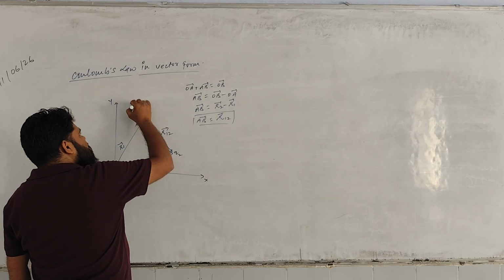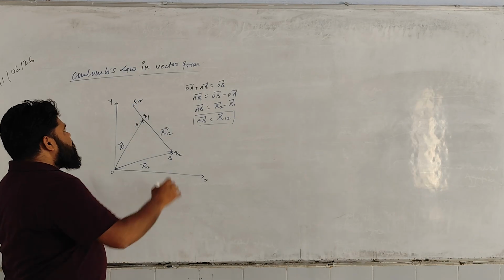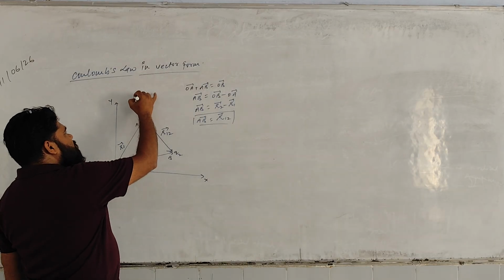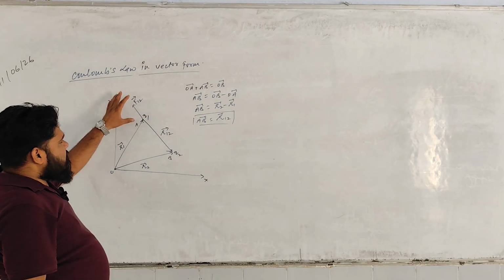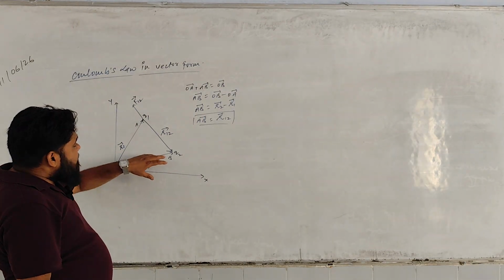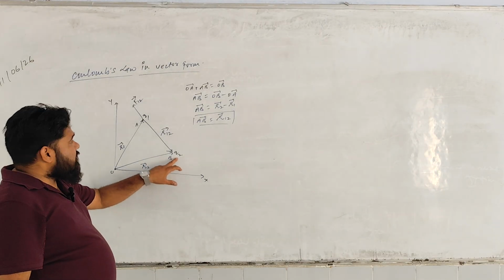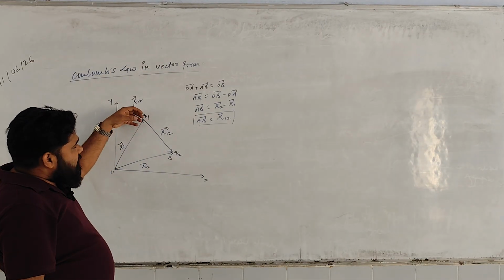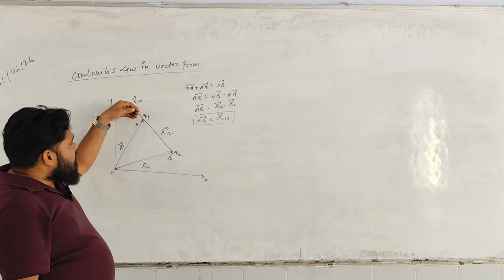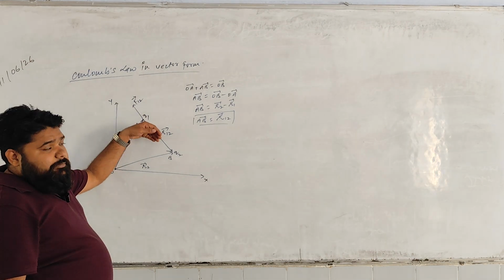That is the direction of the force on 1 due to 2, the repulsive force. Similarly, if we see the force on q2 due to q1, q1 will repel q2 in the direction of the vector AB.